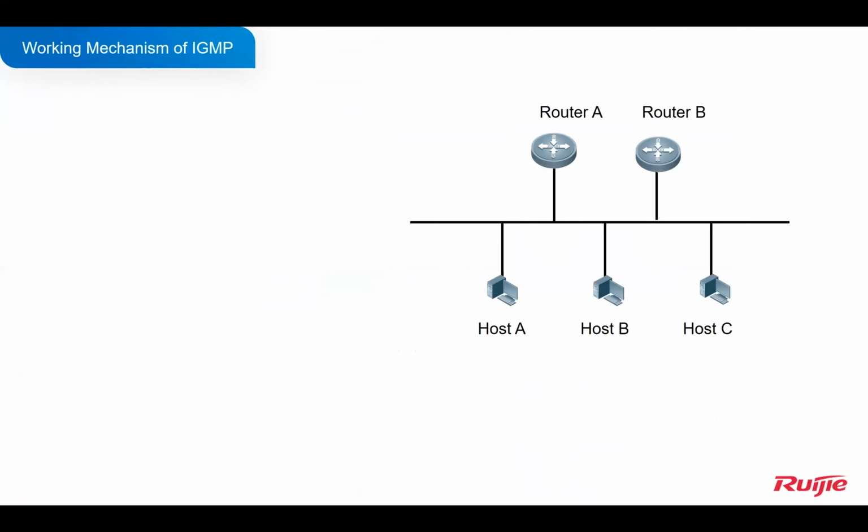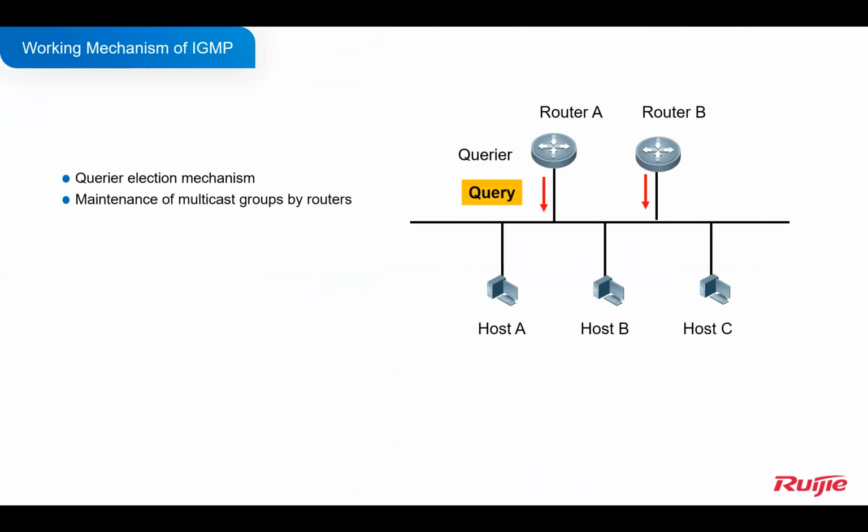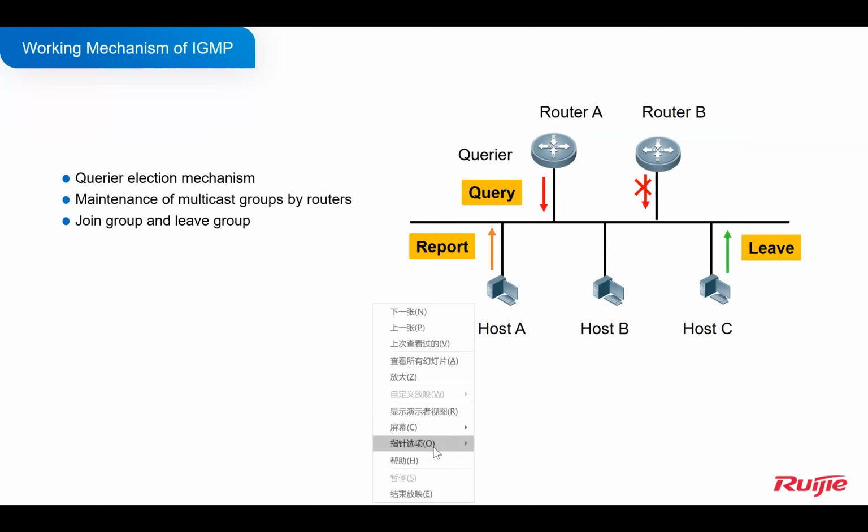For the IPTV service, we use the IGMP protocol. So first we will introduce the IGMP protocol for you, and here we will cover three kinds of packets in IGMP. For the IGMP protocol, we provide IGMP version 1, version 2 and version 3.